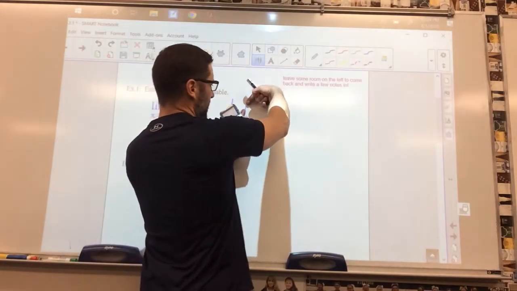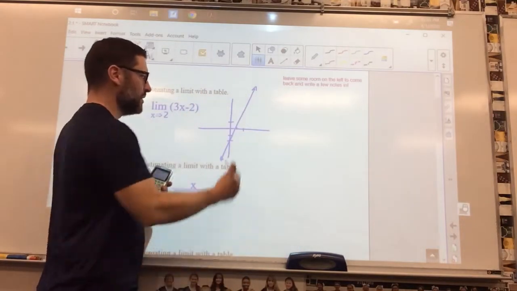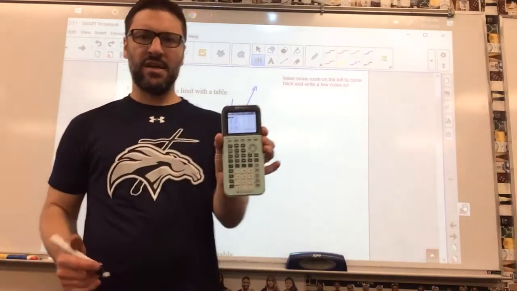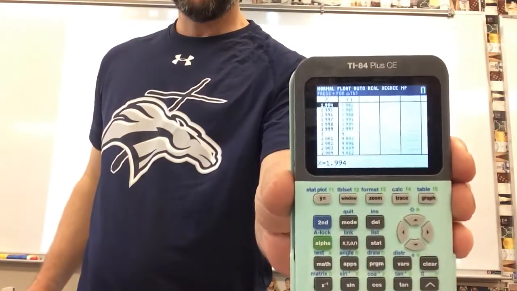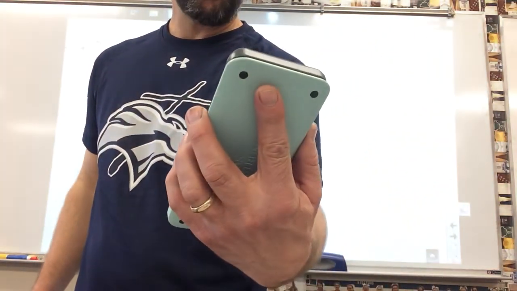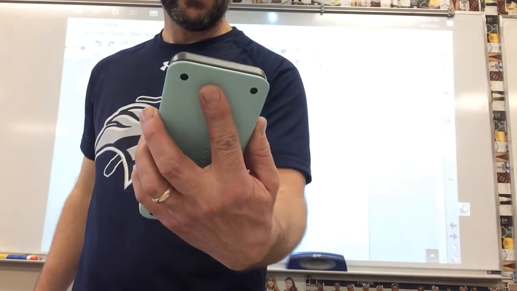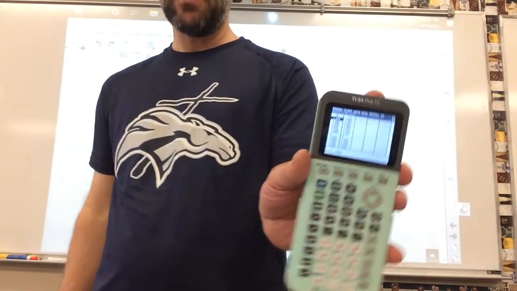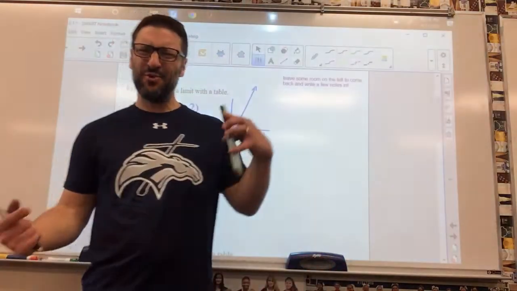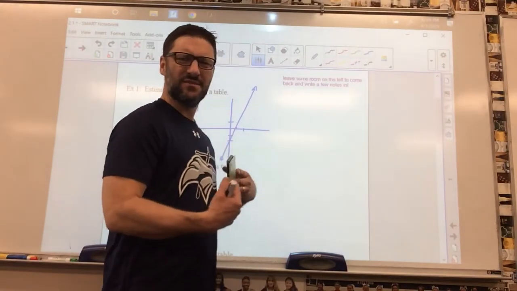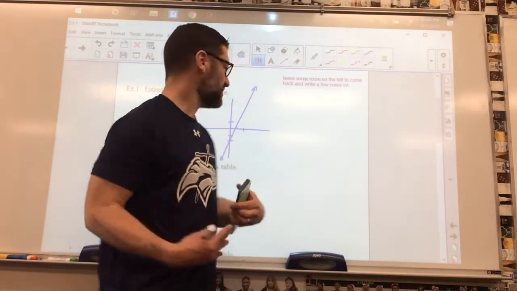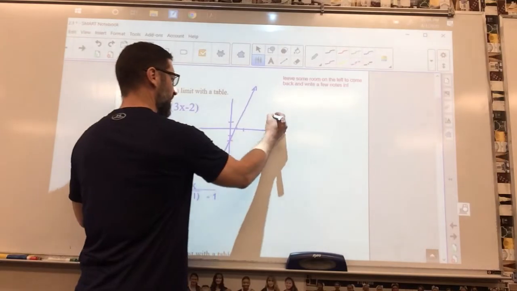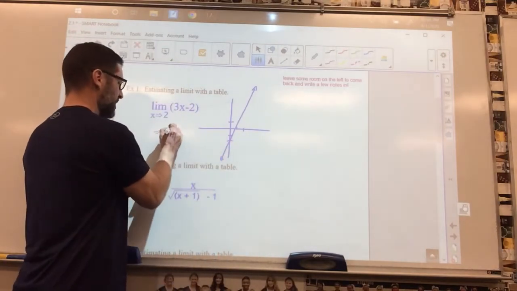What happens as I get closer and closer to 2? The table's telling me that on each side of 2, one of the values is 3.997, and the other value is 4.003. I notice those two numbers are really close to 4. So your value here, your limit, is 4.